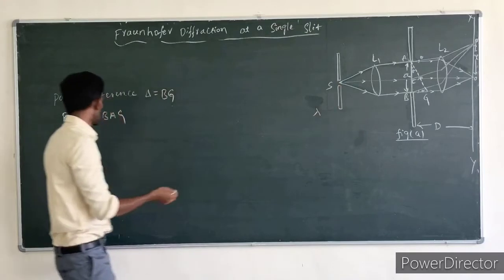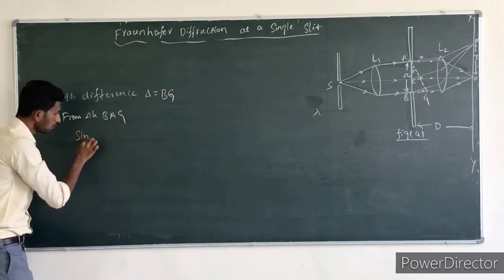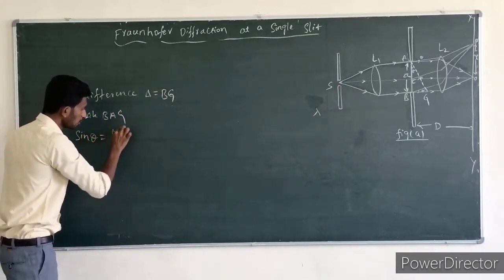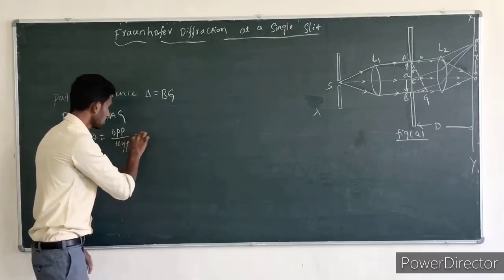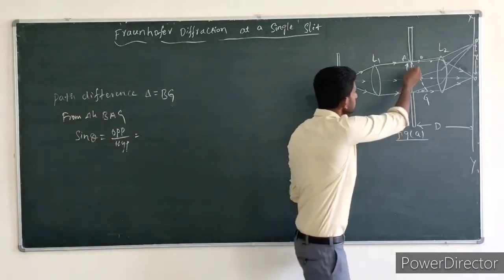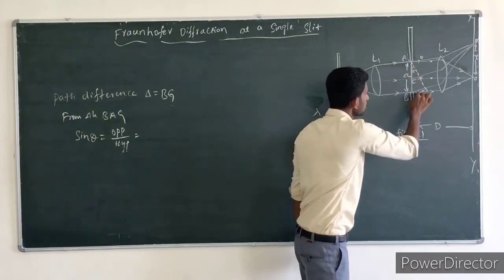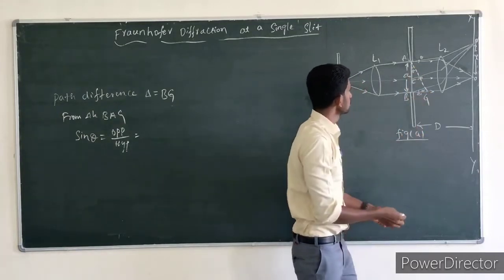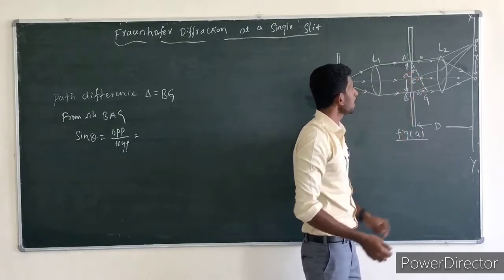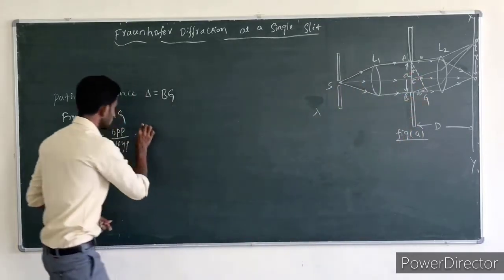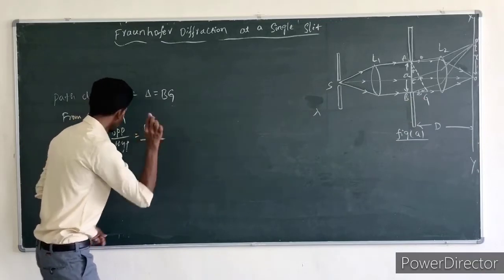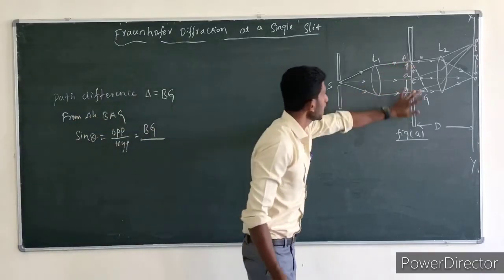What is sin theta equal to? We know that sin theta is equal to opposite by hypotenuse. Look here. This is theta. This is my opposite, this is my adjacent and this is my hypotenuse. Opposite is BG. The hypotenuse is AB.